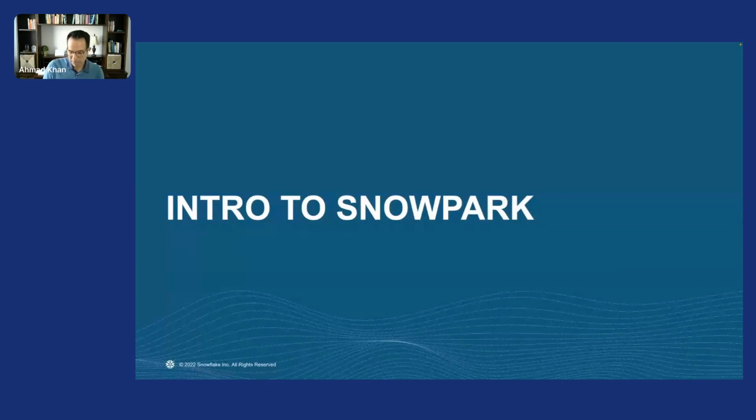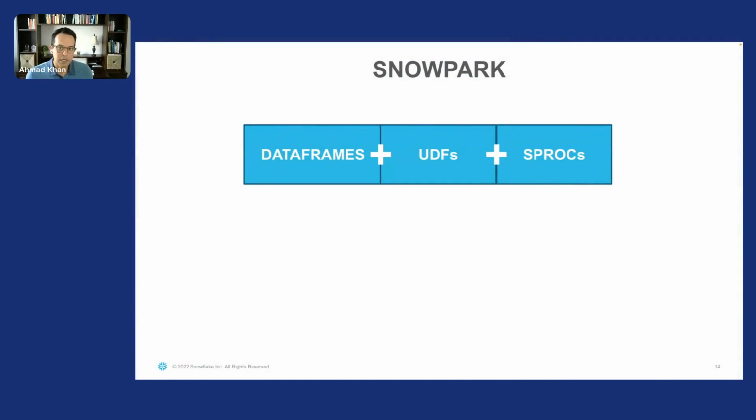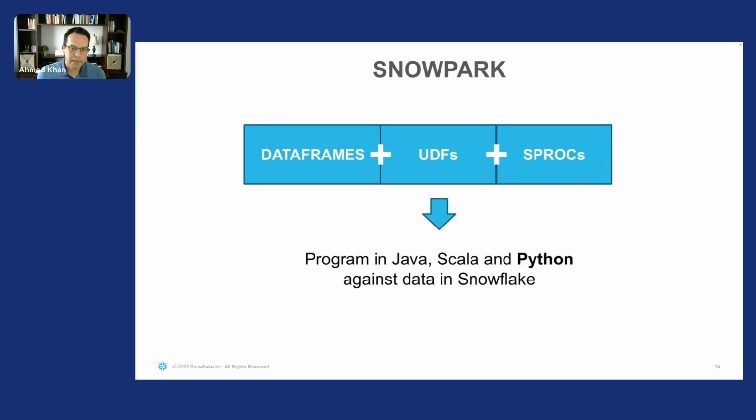So now let me talk about Snowpark a little bit, and give you an introduction to how we are enabling additional languages in Snowflake, and how you can define these pipelines using data frames, UDFs, and stored procedures. Essentially, Snowpark is a combination of data frames, UDFs, and stored procs that lets you define all your data engineering, data science, feature engineering logic in Python against data in Snowflake.